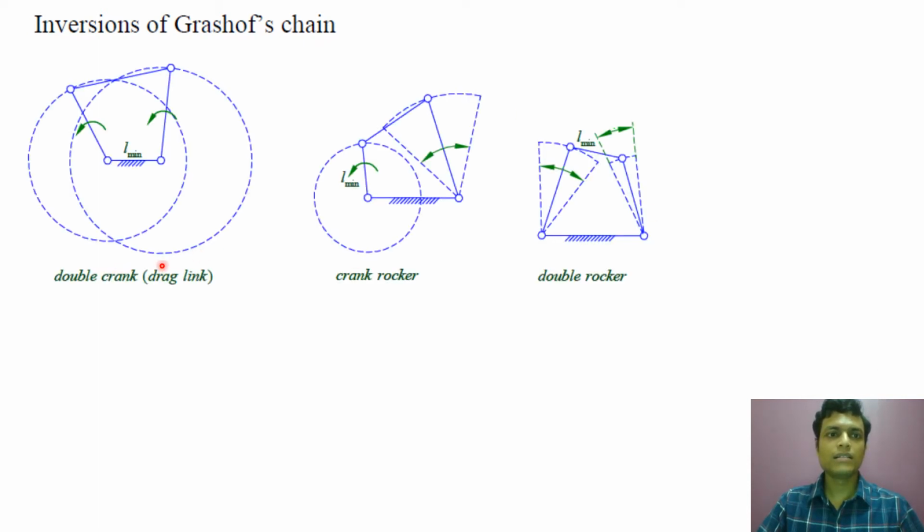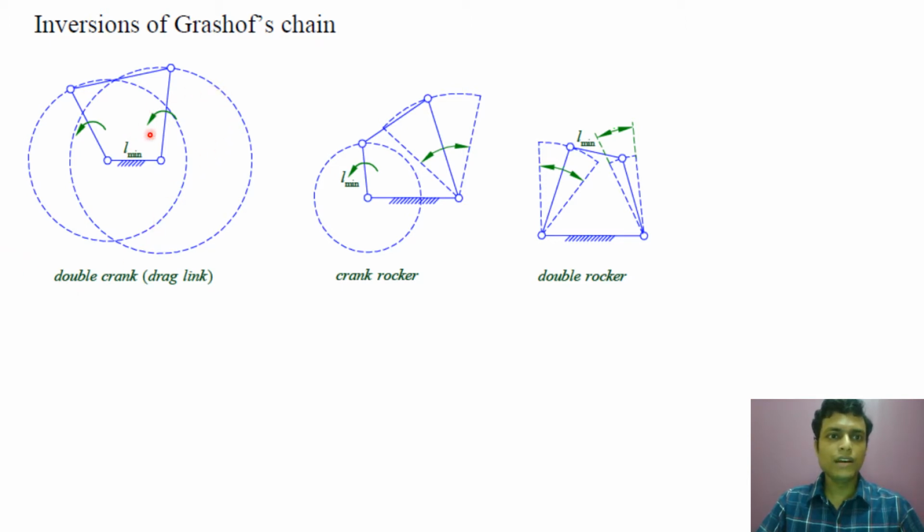Now let us see what are the inversions of a Grashof chain. In a Grashof chain, L plus L max is less than P plus Q, that is, the length of the shortest link plus the length of the longest link will be less than the summation of the other two links. So what are the inversions?